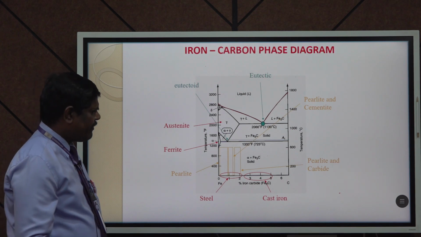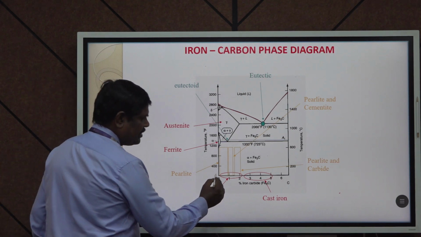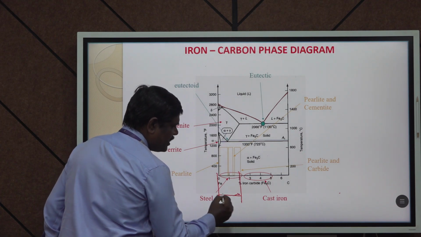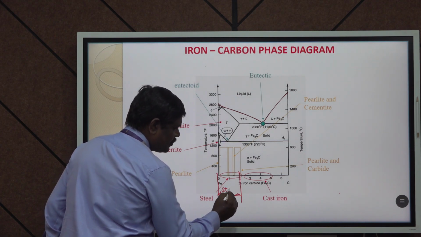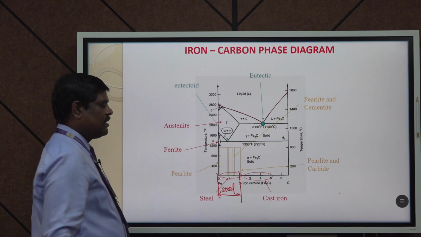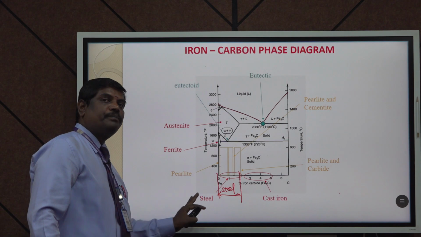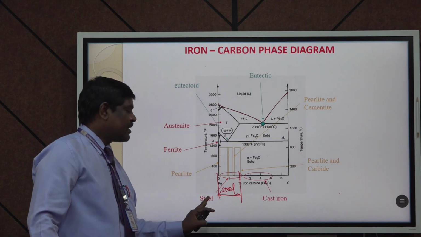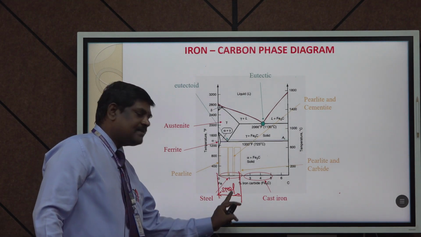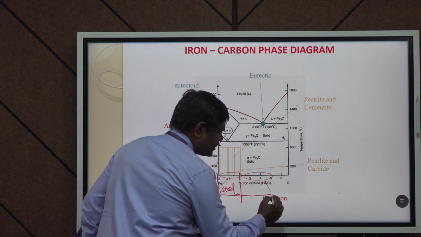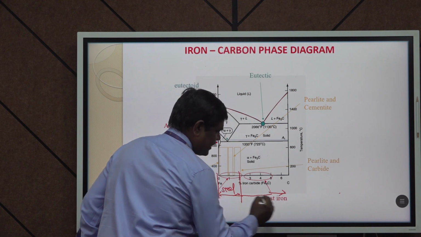First of all, a very important and foremost thing is that up to 2% carbon addition in iron, we call it steel. Similarly, beyond 2% we call it cast iron.